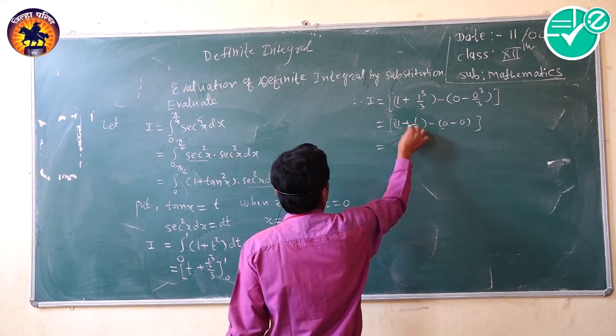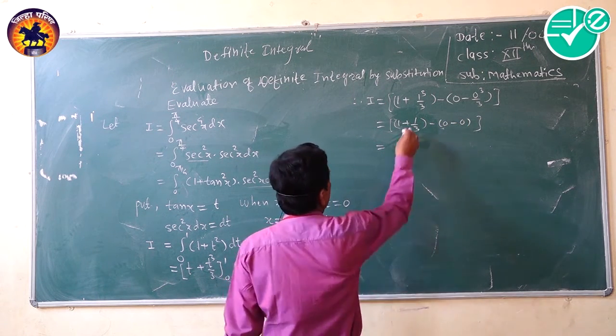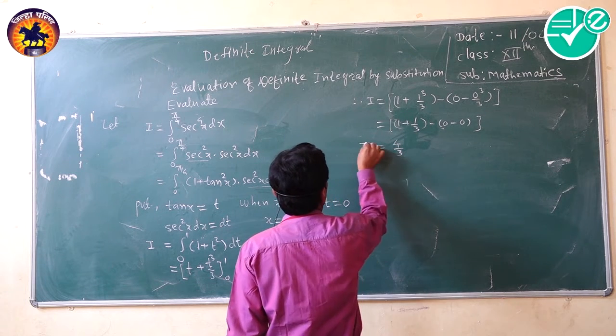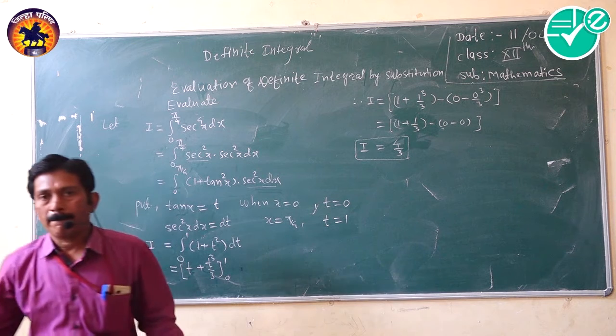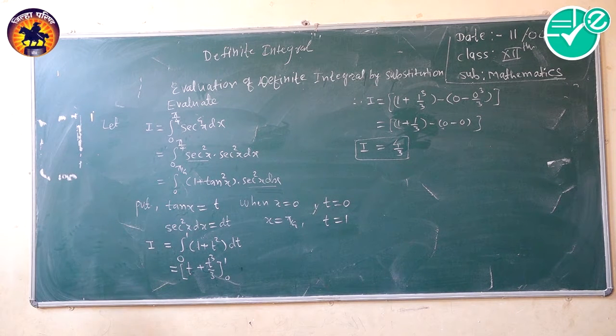This is nothing but 3 plus 1, that is 4 by 3. This is I. Now take down the next example.